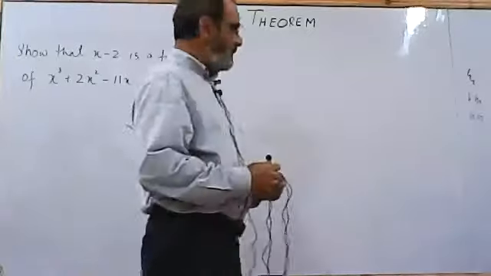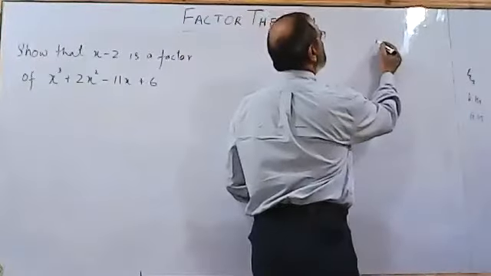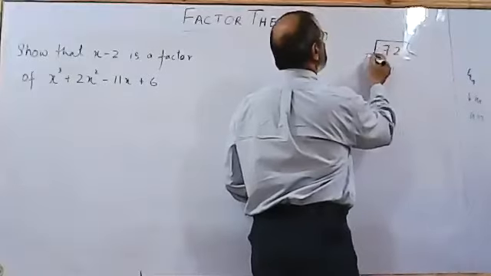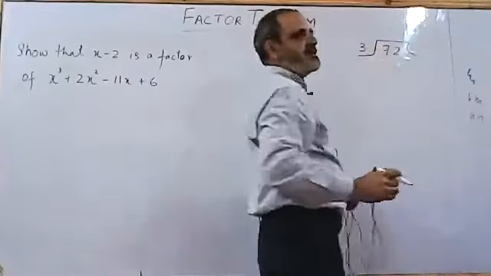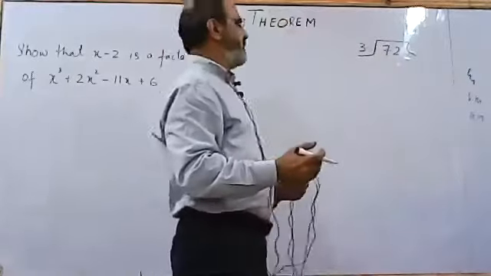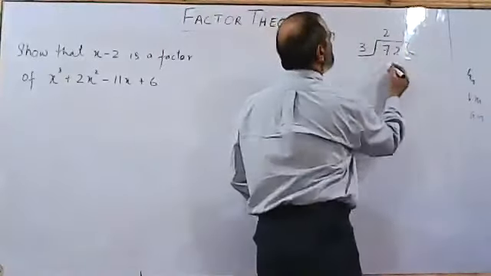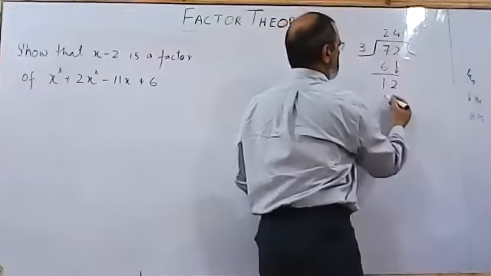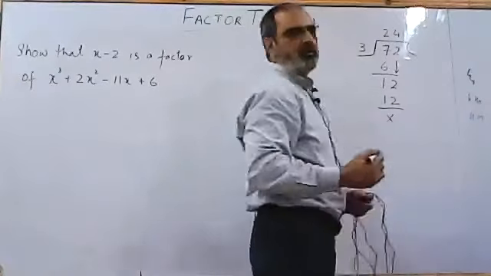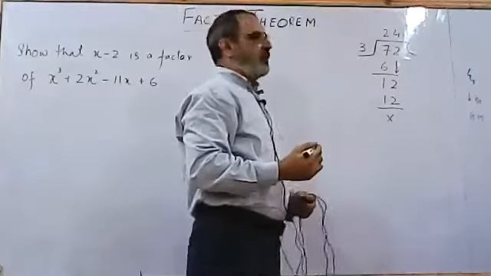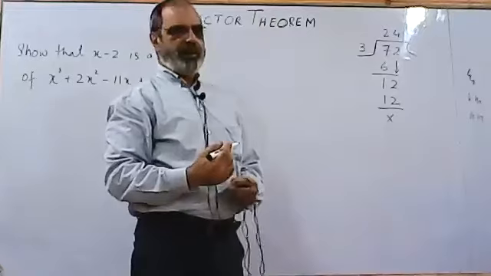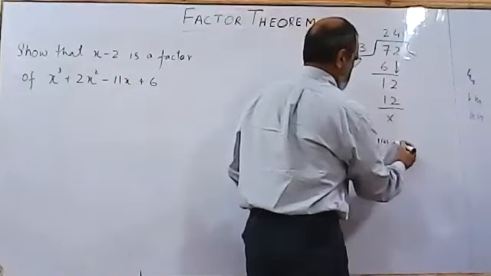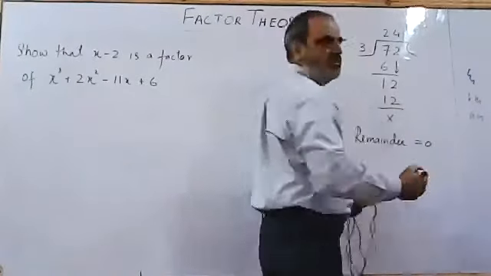Theorem. If we divide 72 by 3, any number by its factor, now in this case, if 72 is divisible by 3, then the remainder is equal to 0.